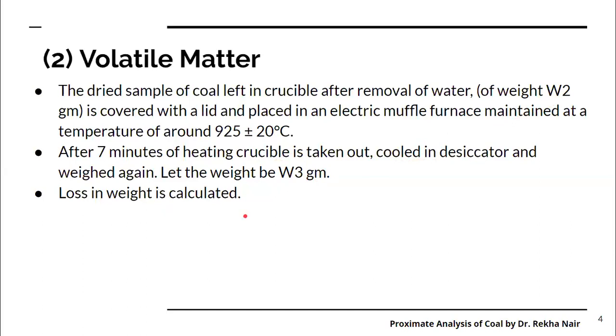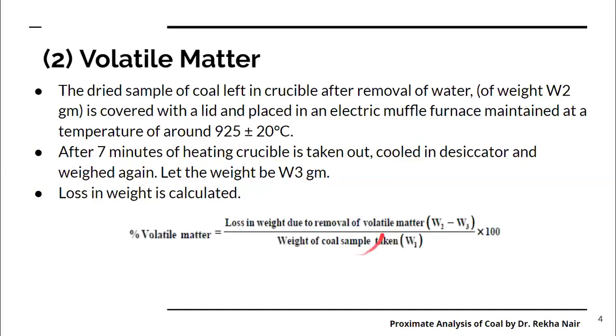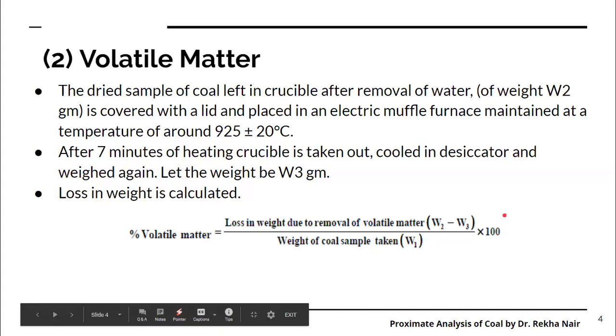So W2 minus W3 divided by W1 multiplied by 100 is equal to percentage volatile matter. That is, loss in weight due to removal of volatile matter divided by the initial weight of the coal sample taken, multiplied by 100, is percentage volatile matter.